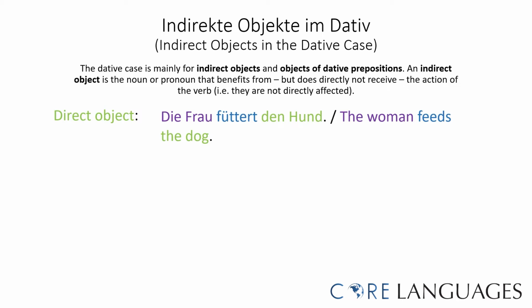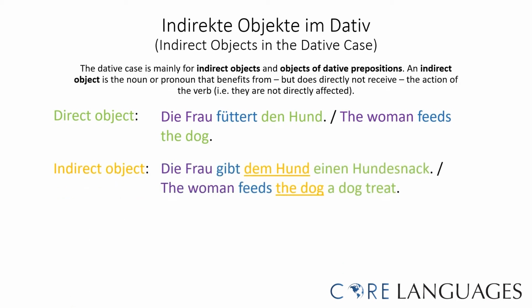In this example, the woman is the subject of the sentence, who is executing the action of füttern, to feed. And the dog is the direct object of the verb. It is in the accusative case.